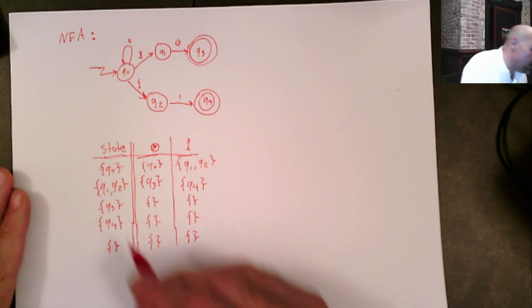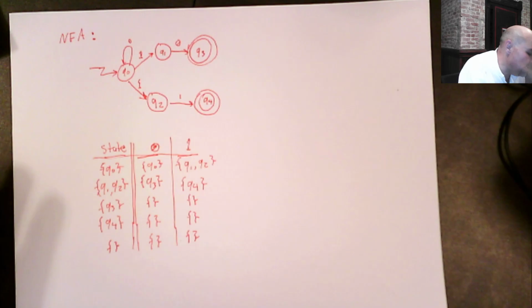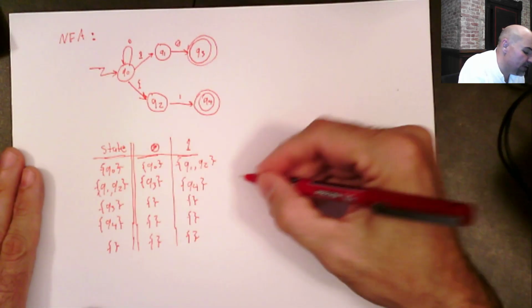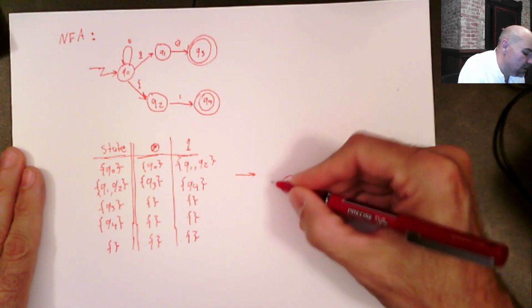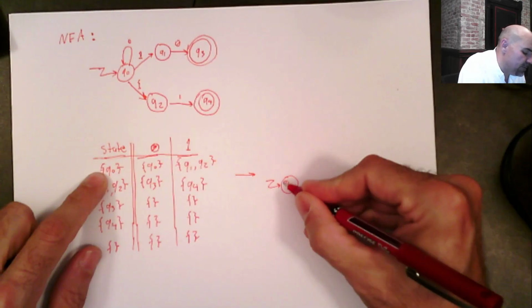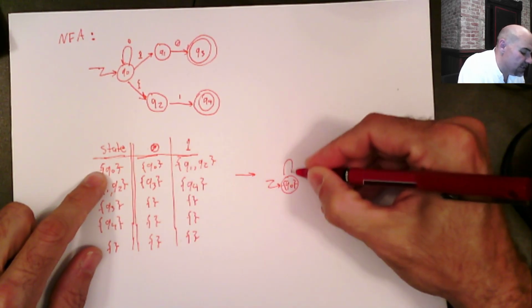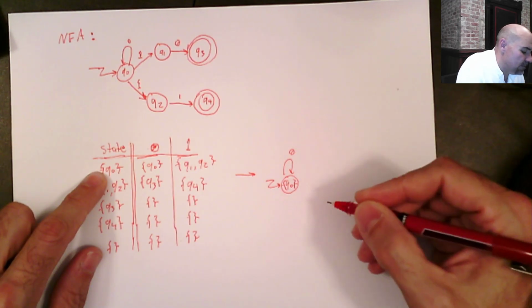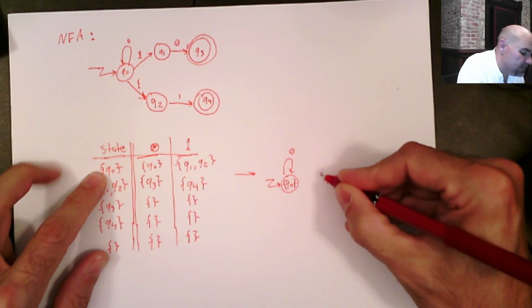Now we're going to go ahead and redraw that DFA. And I'm going to draw it first without relabeling it. So this is going to look like this. So we're going to start in Q0. And actually, let me make that the set Q0. And then on a 0, it stays there. On a 1, it goes to Q1, Q2.